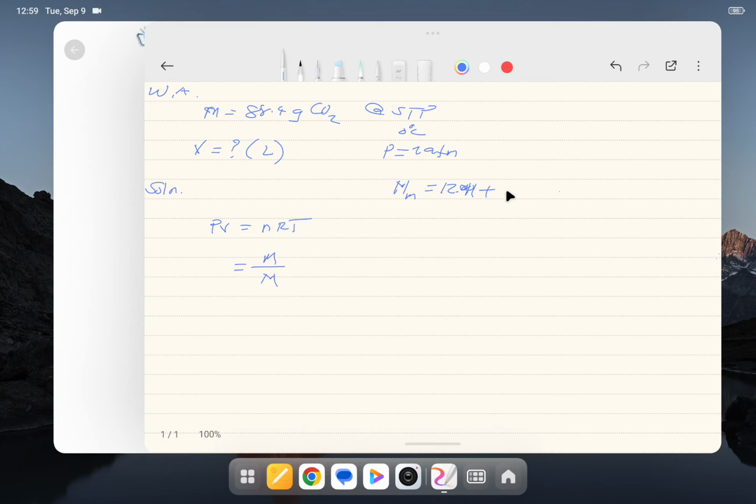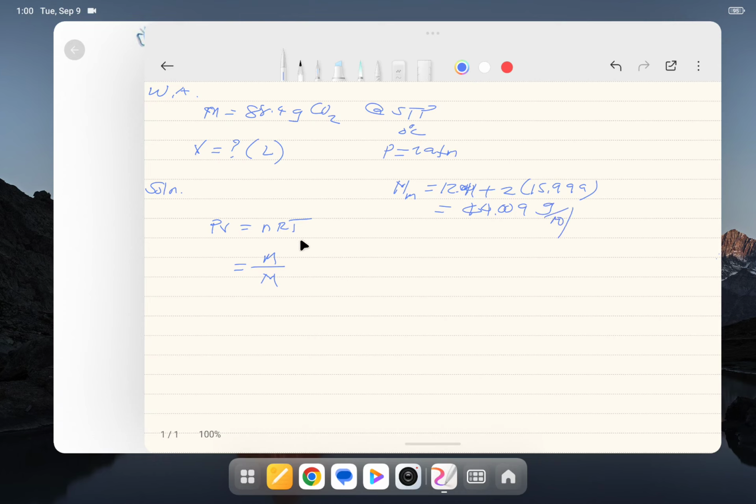Then you have two oxygen atoms, so that would be 2 times 15.999. That gives us a molar mass of 12.011 plus 2 times 15.999, and that would give us 44.009. The unit would be gram per mole.